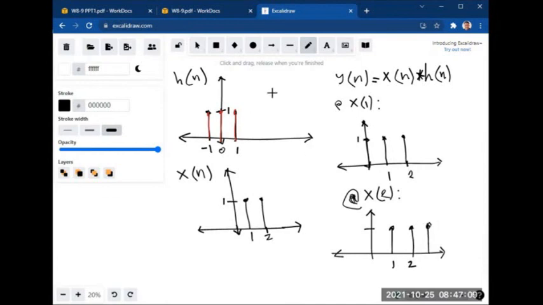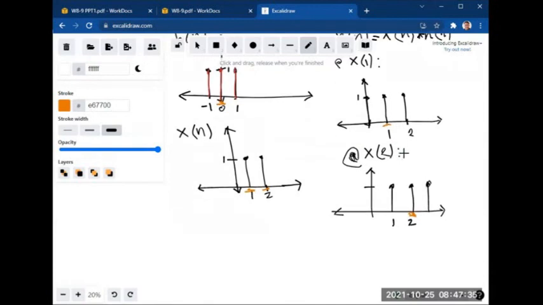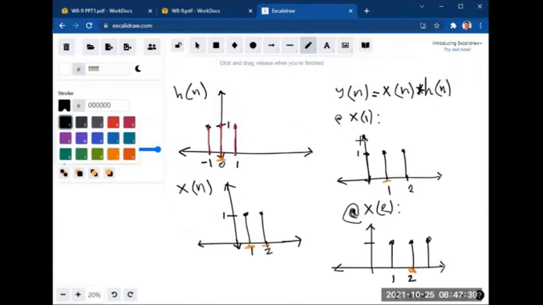So what happened is our input signals 1 and 2 became the 0 of our impulse response, since the impulse response has 3 pulses, 1 pulse on each side of the center. So this is the output.